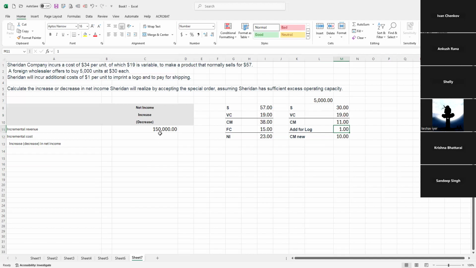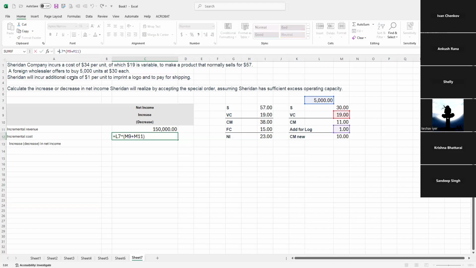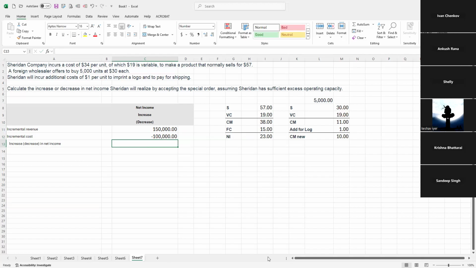That will be equal to 5,000 times the bracket 19 plus 1, which is 100,000. That will be negative because it's a cost. Where are we? 50,000. Make sense? Yes. Okay. So what will be the minimum selling price that we can go with?